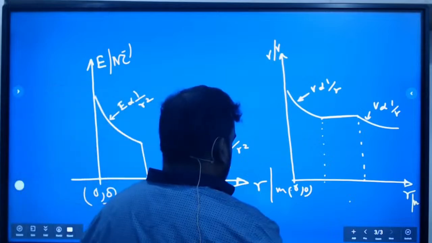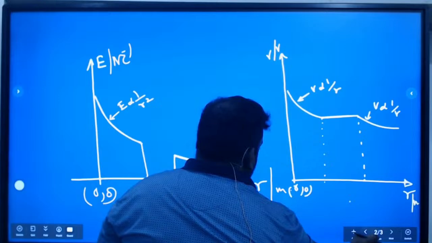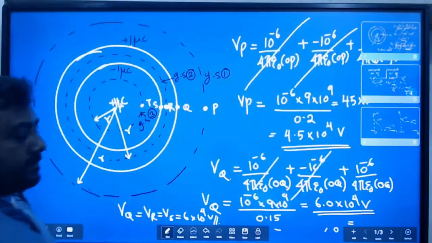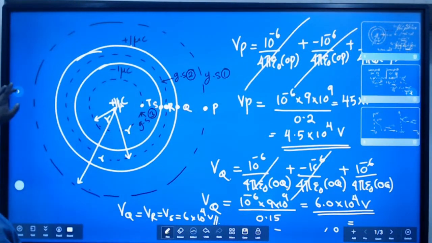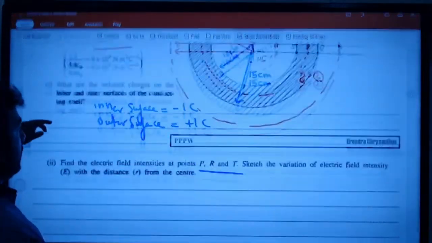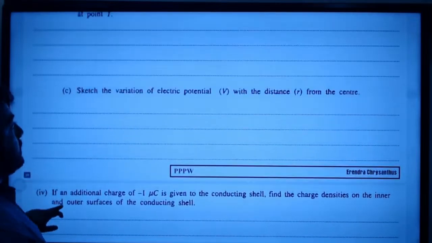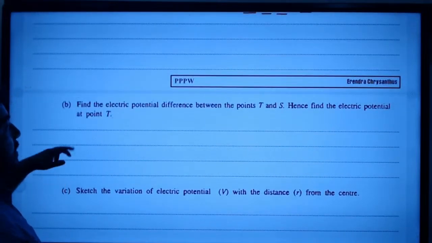Okay. Now look. So we have found the answers. Next question. Sketch the variation of potential.